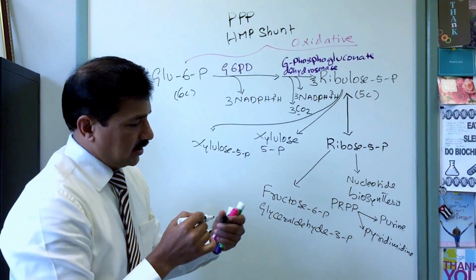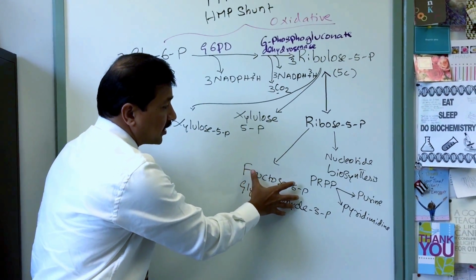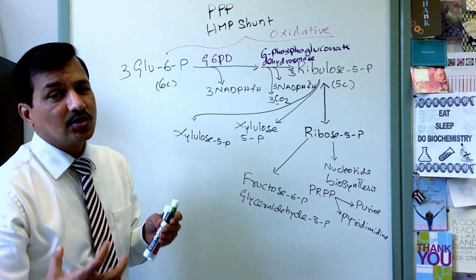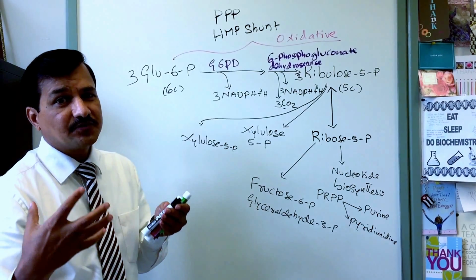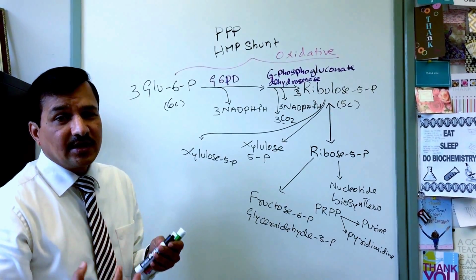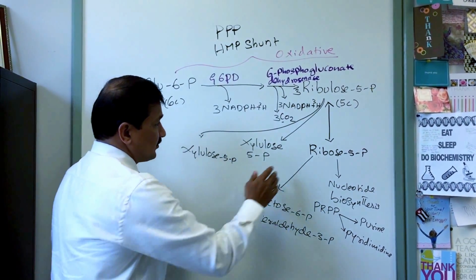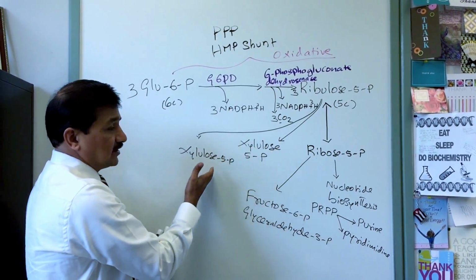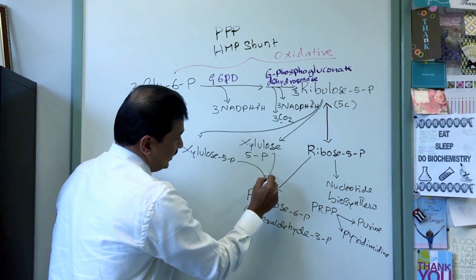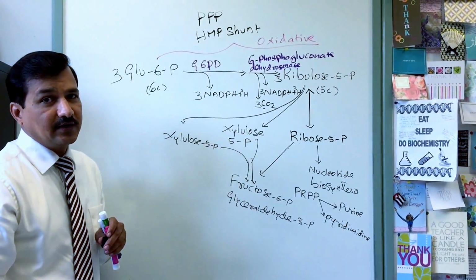Now all these molecules can interact with one another to ultimately make fructose 6-phosphate. There are intermediates there, so let's not write those intermediates. There are sedoheptulose 7-phosphate, erythrose 4-phosphate, all that. Those things are not generally asked. At the end, what you really need to remember is that ribose 5-phosphate and xylulose 5-phosphate molecules will interact with one another, and ultimately they will be converted to fructose 6-phosphate and glyceraldehyde 3-phosphate.